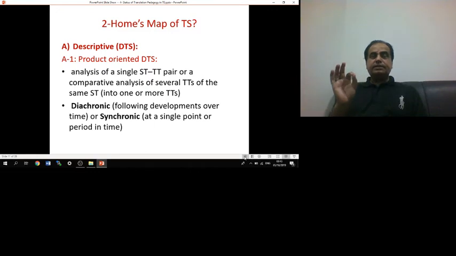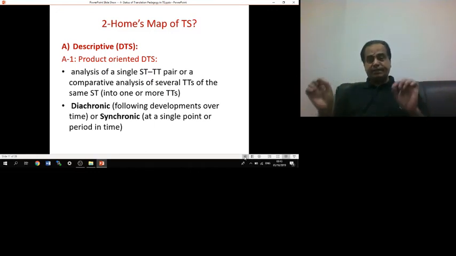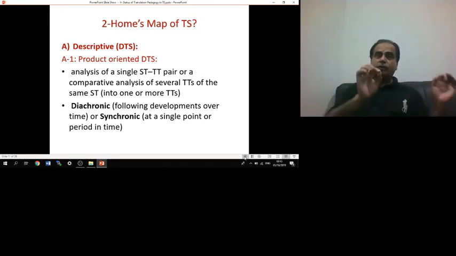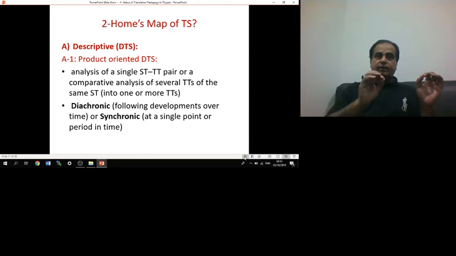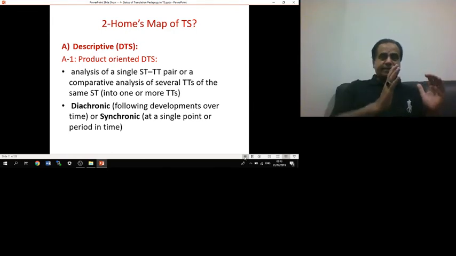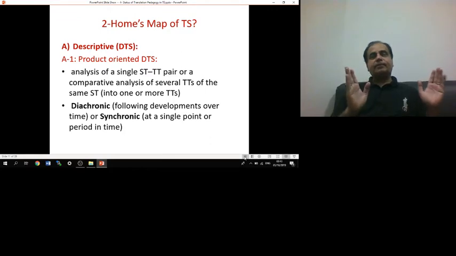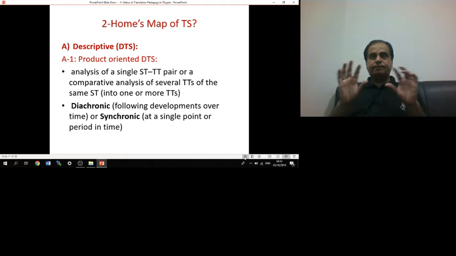Whatever is translated from a language into another, the translated text, interpreted text, is the product. I think this brief and very simple explanation of the word product shall help us.